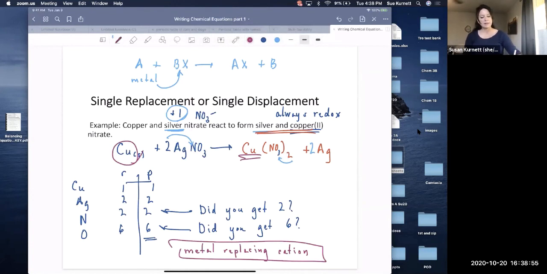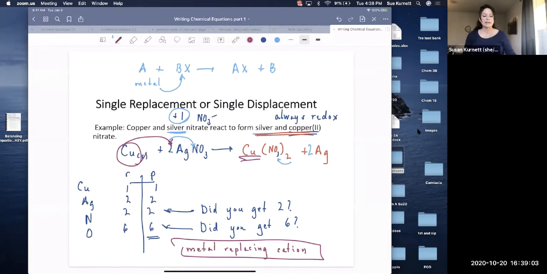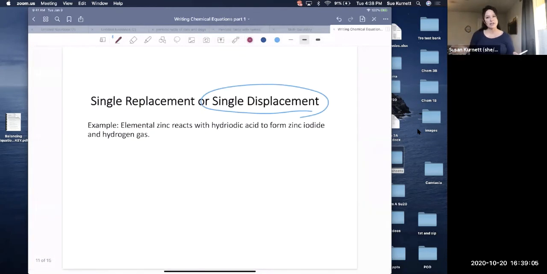Copper metal took silver, which is a cation, silver ion's place. And then the next 2 kinds are hydrogen replacing a cation. And let's see.